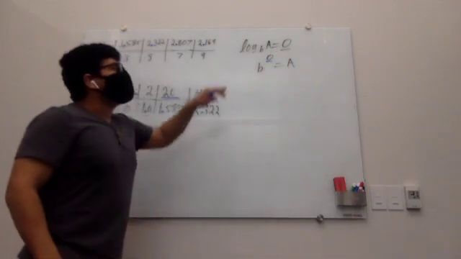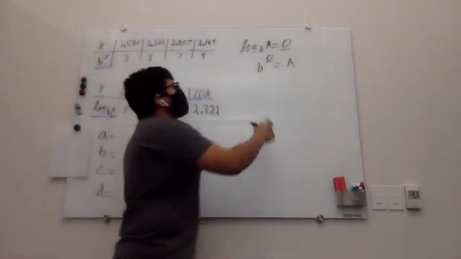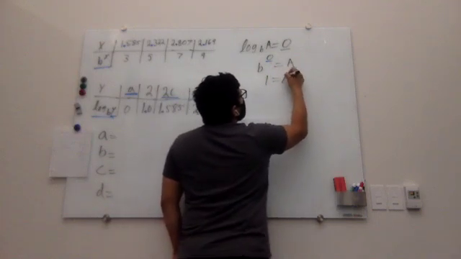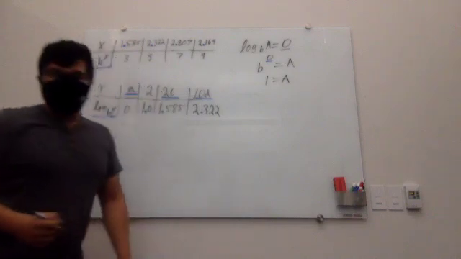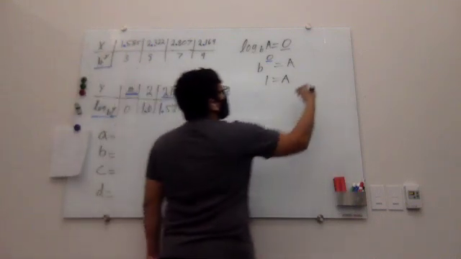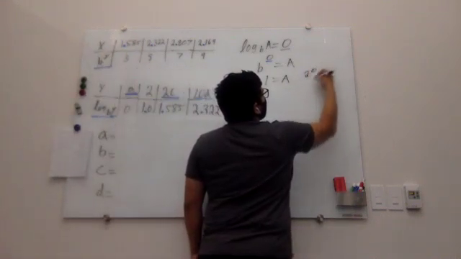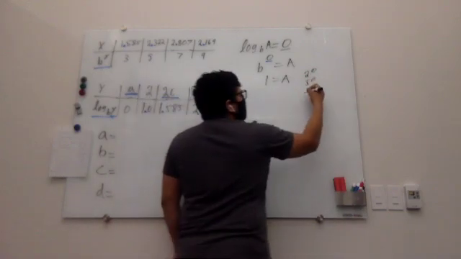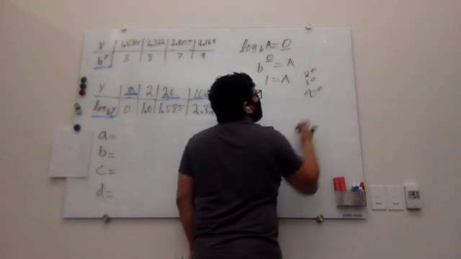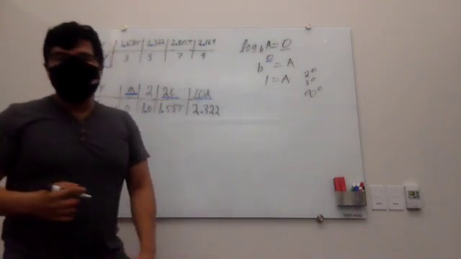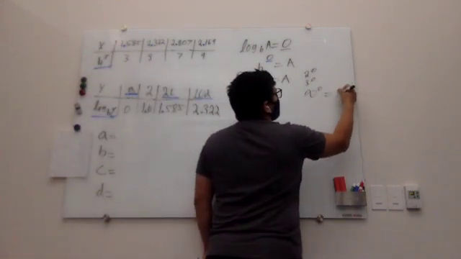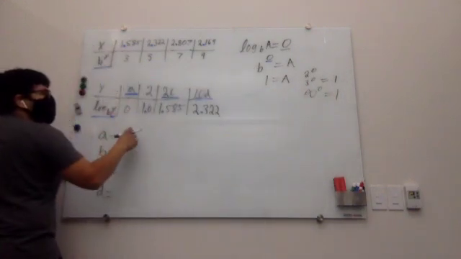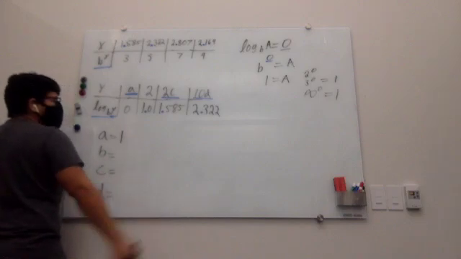So b to the 0 power equals a. Well, we know that anything to the 0 power is just equal to 1. So literally any number, if we have 2 to the 0 power, 3 to the 0 power, I don't want to make this statement too boldly, but infinity to the 0 power, they're all equal to 1. So for a, we now know it equals 1.